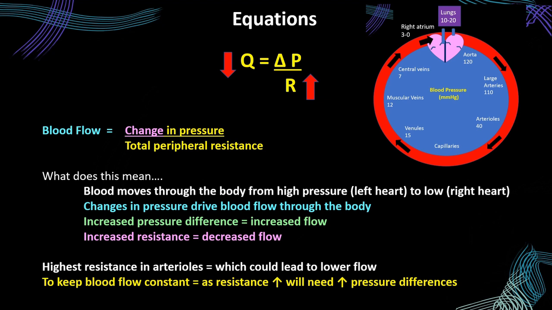And when I hit the arterioles, I could have lower flow because suddenly I've increased the resistance. So what I need to do when I look at this equation, if I'm increasing the resistance by hitting the arterioles, I am going to have to increase the difference in pressure. I'm going to have a much bigger pressure drop when I hit the arterioles in order to keep the Q, keep the flow constant.